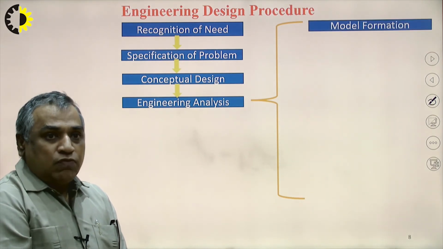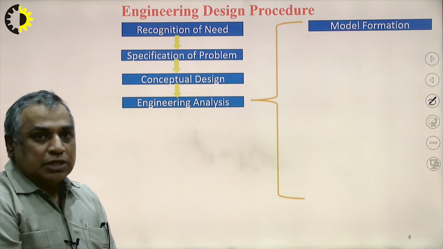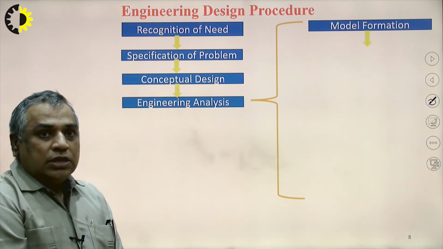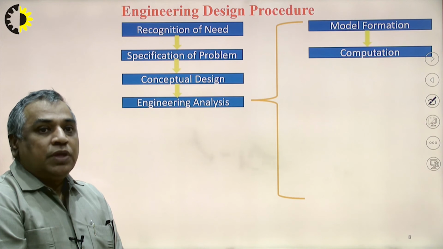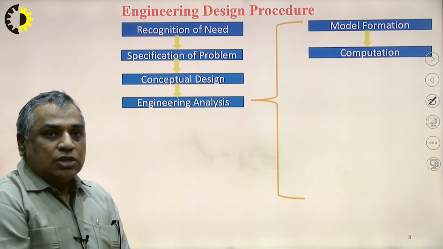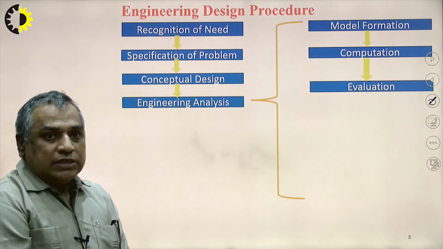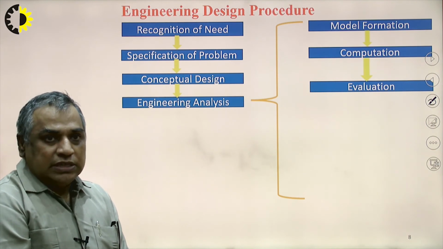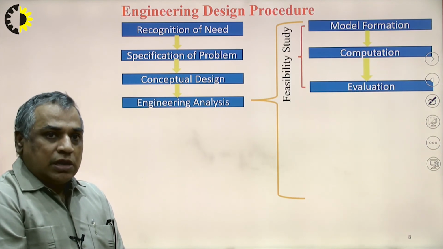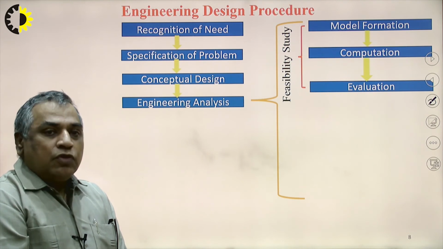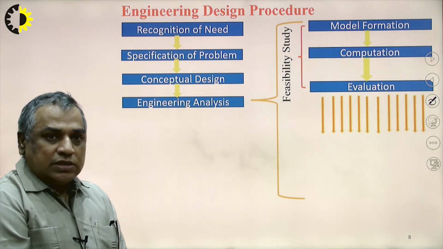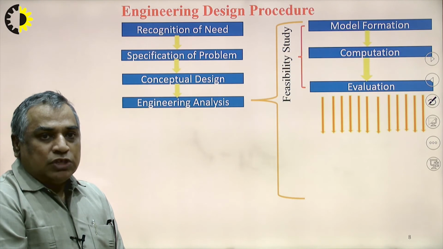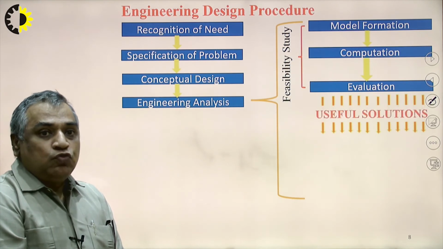First is the model formation, that is the mathematical model formation. Then after model formation, we apply the constants that we compute. We will get some evaluation. We will evaluate the result, and these three steps together are called the feasibility study for various stages. And after evaluation, we will get the useful solutions.